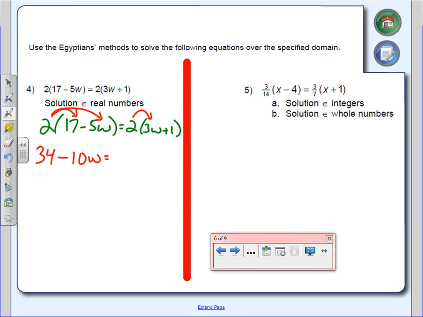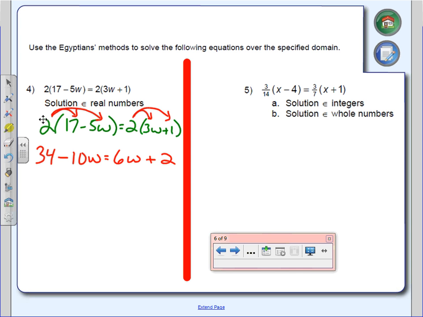Then we go to the other side, do the same thing, distributive property. 2 times 3w is 6w. And 2 times 1 is 2. So I did that first step, get rid of the grouping symbols. And I did that using distributive property.